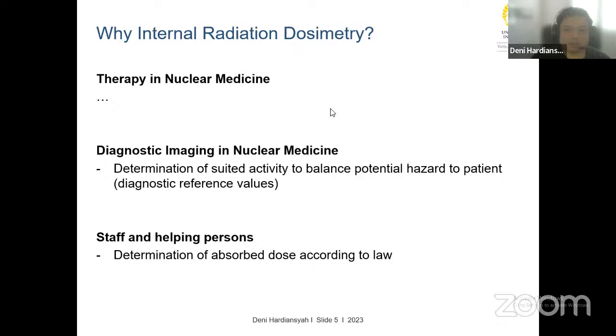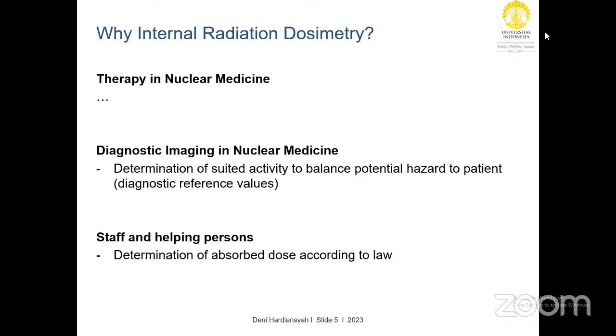Why do we need to calculate the radiation absorbed dose? I believe you already have a good idea why this is very important. Anyone, please? Because we want to prevent any harm to the person.